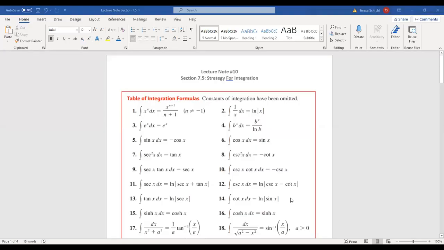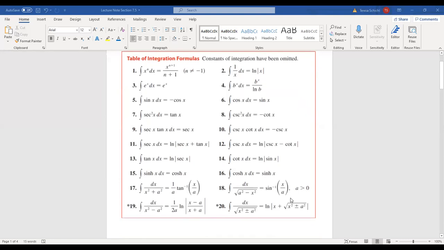For this lecture note, first I provide a table with the most useful and most frequently used integration formulas. With these, you should be able to handle the majority of your integration problems.